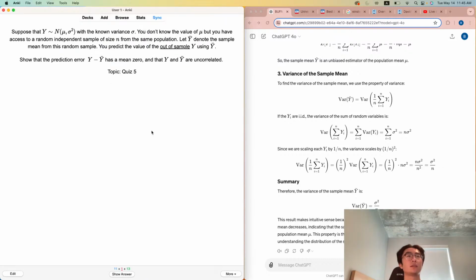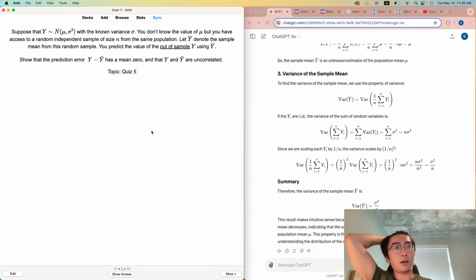Let's keep going. Alright, show that the prediction error y minus y bar has mean 0, and that y and y bar are uncorrelated. So expectation of y minus y bar is expectation of y minus expectation of y bar, that's just mu minus mu, that's equal to 0.